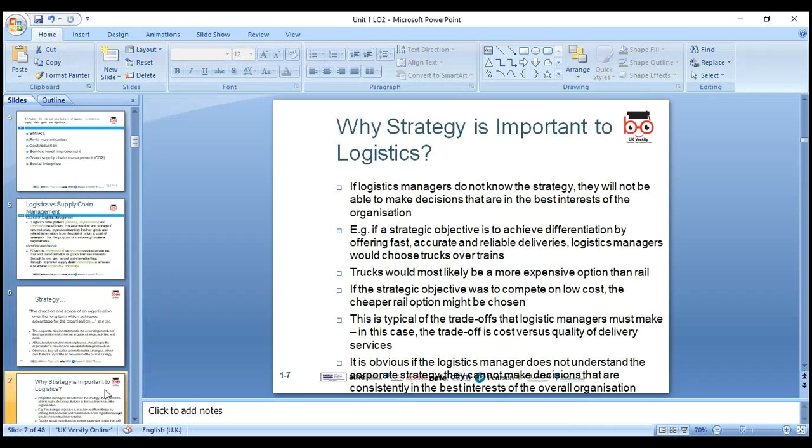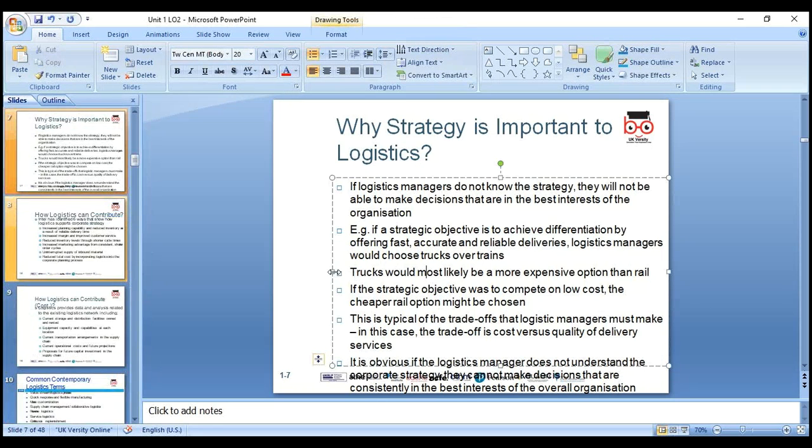Why is strategy important? If you don't have a strategy, there is no action planning. It provides you guidance. If the logistics manager doesn't know the strategy, they will not be able to make the decisions that are in the best interest of the organization. Always look at the strategic objective, differentiation, for offering fast, accurate and reliable deliveries. The logistics manager would choose truck or train, so it depends on what strategy we want.